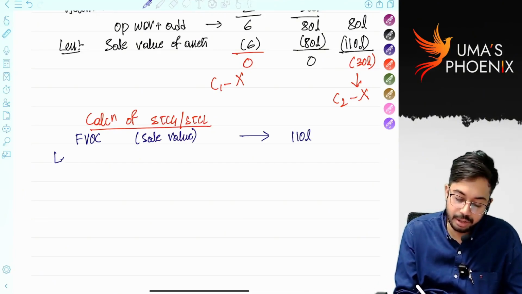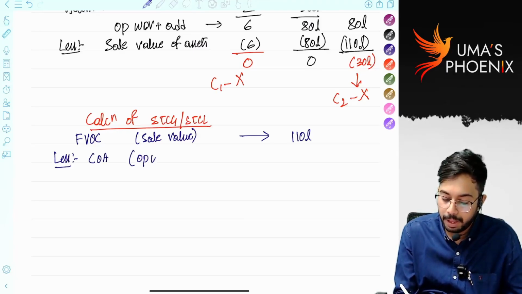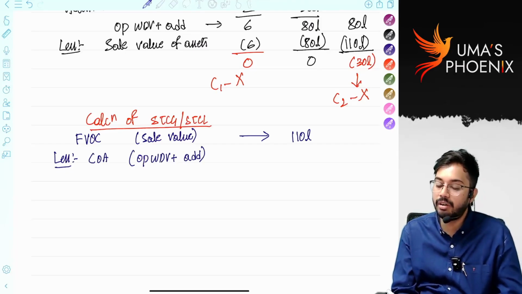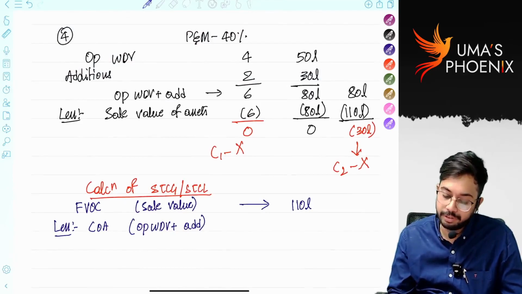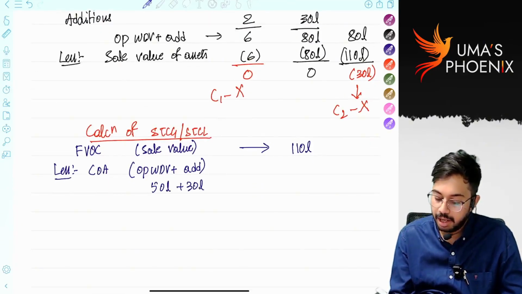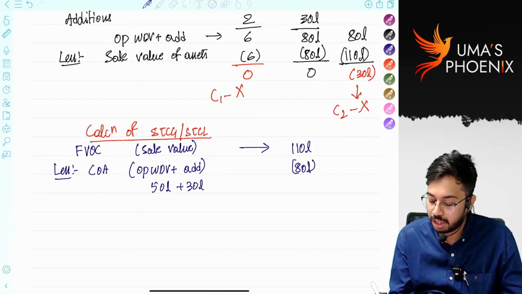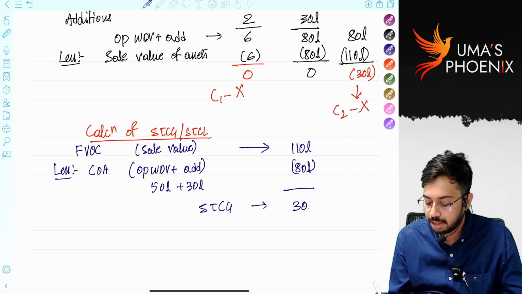From this we will reduce cost of acquisition. How much is cost of acquisition? Opening written down value plus additions, correct? How much is opening written down value? Opening written down value 50 lakhs. 50 lakhs plus 30 lakhs. 80 lakhs is cost of acquisition. So how much is short-term capital gain? Short-term capital gain is 30 lakhs.